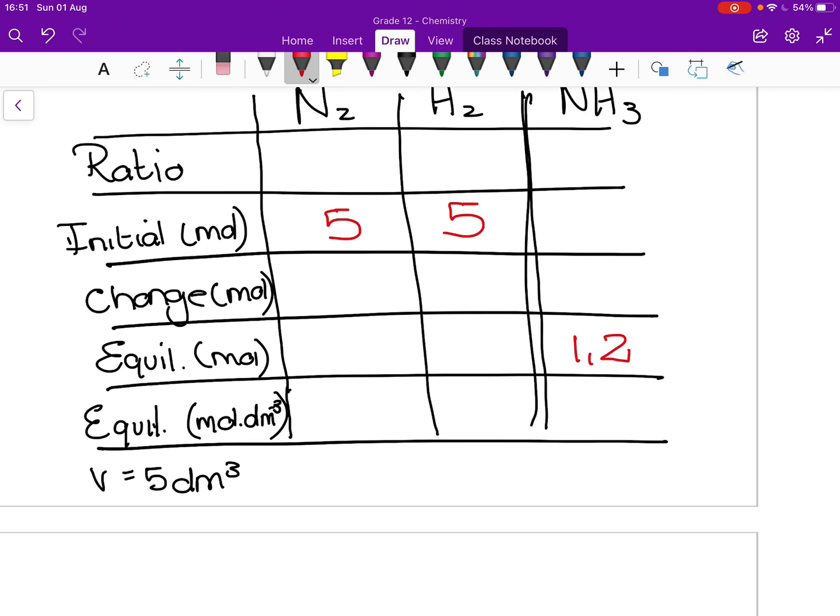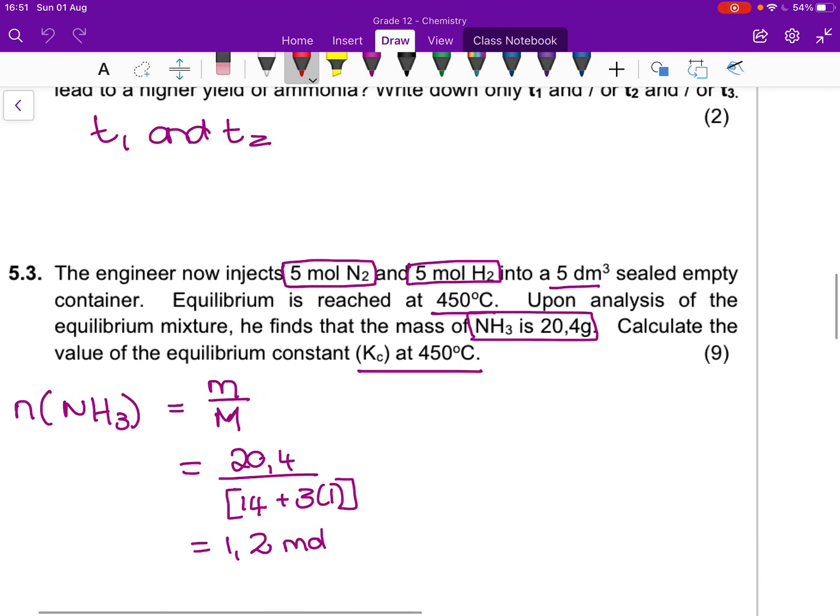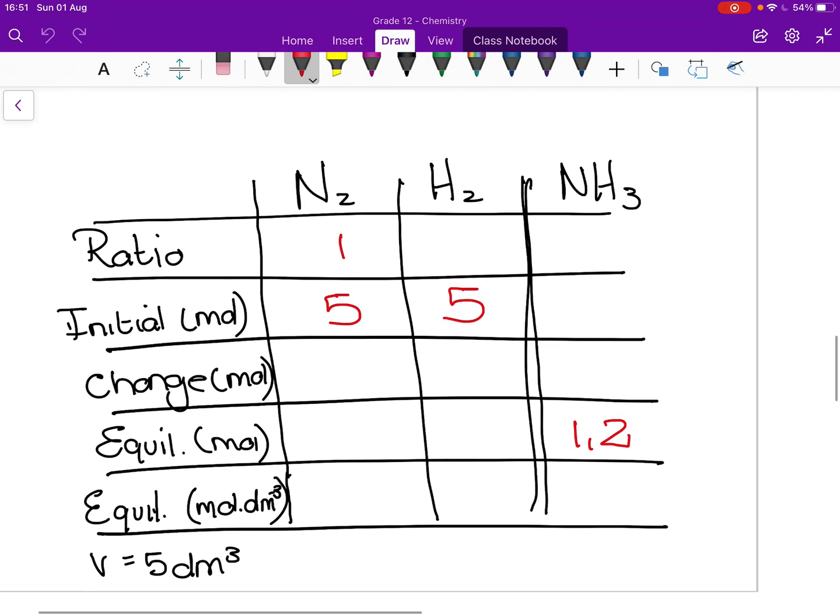Now I need to put in the ratio, and that's from the balanced equation, which is 1 to 3 to 2. I don't have any ammonia to start off with, which means I had to add in 1,2.